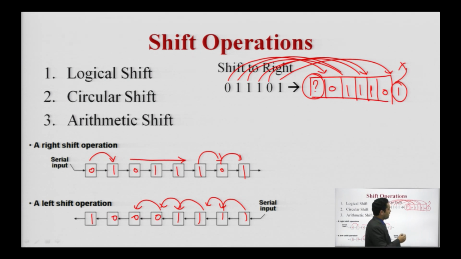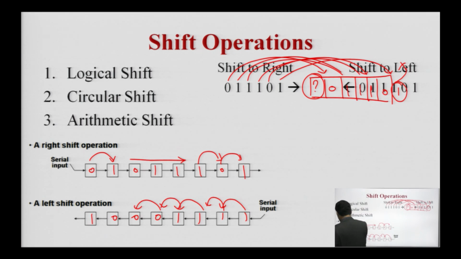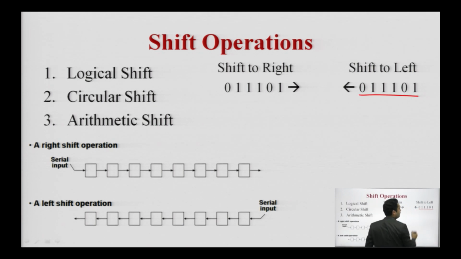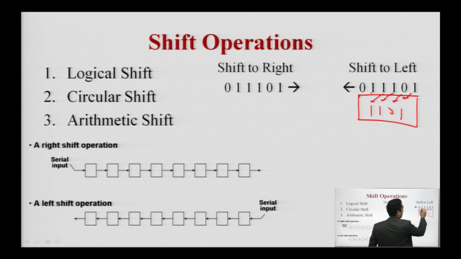Okay, if still there is any confusion, see another example when we are talking about the left shift. What will happen if we are talking about this left shift? We are trying to solve this part. And this 0 is out of the bound, but this place is still empty.